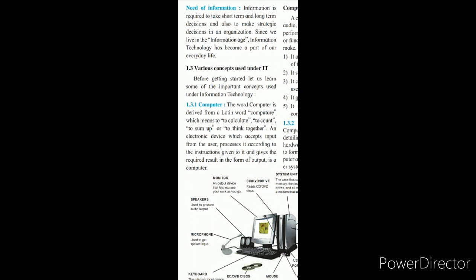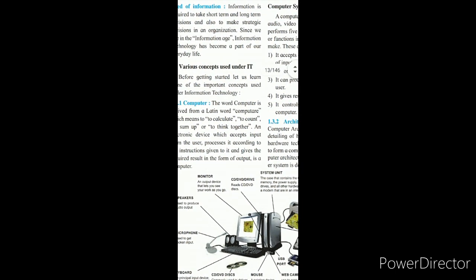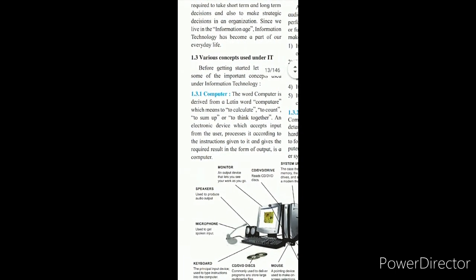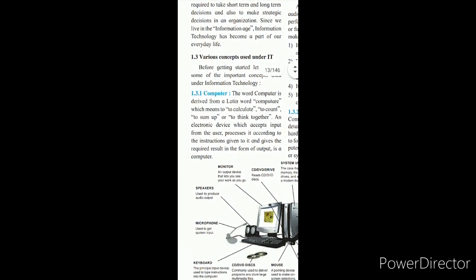Now see, the computer, as everybody knows, the first part is the word computer. The computer was originated in the year 1989 by Charles Babbage, and he derived the word computer from a Latin word, computere, which means to calculate, to count, to sum up or to think together.